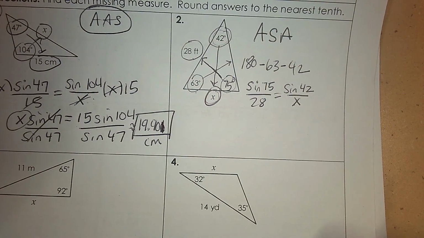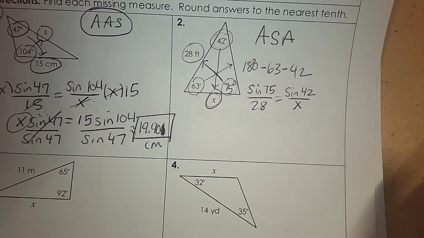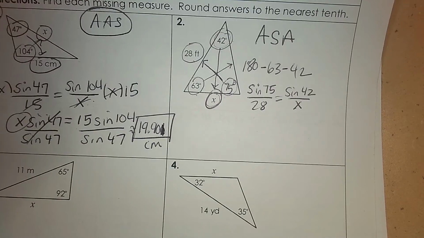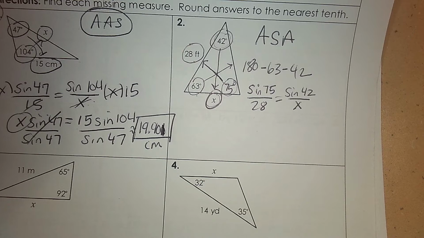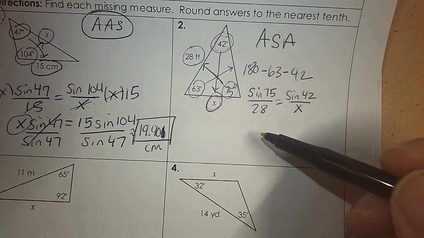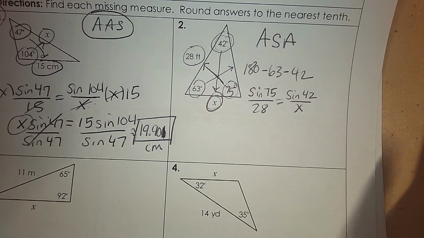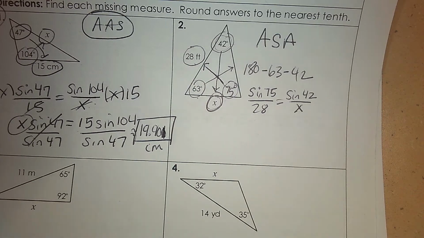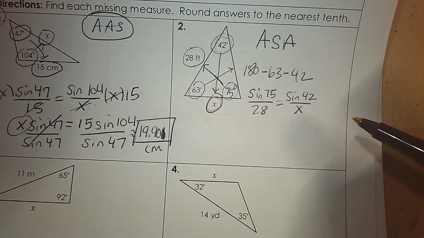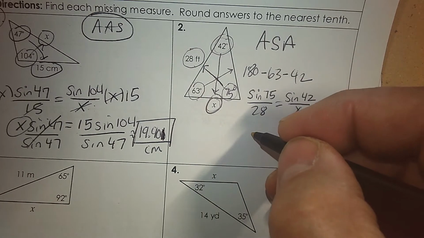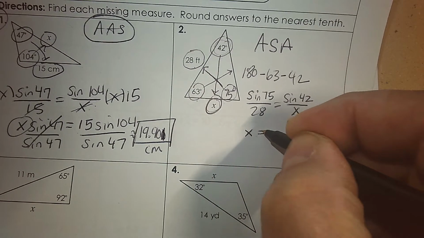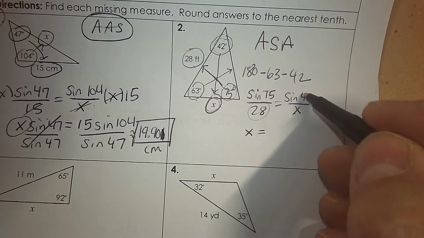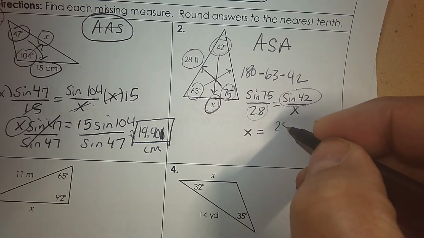You could also set up this proportion with the reciprocal and you'd get the same answer. So you could write 28 over sine 75. As long as you do the same on both sides, it will work. Now, the algebra here, we're going to do in one step. If I want to get x by itself, can you go 28 times what number?